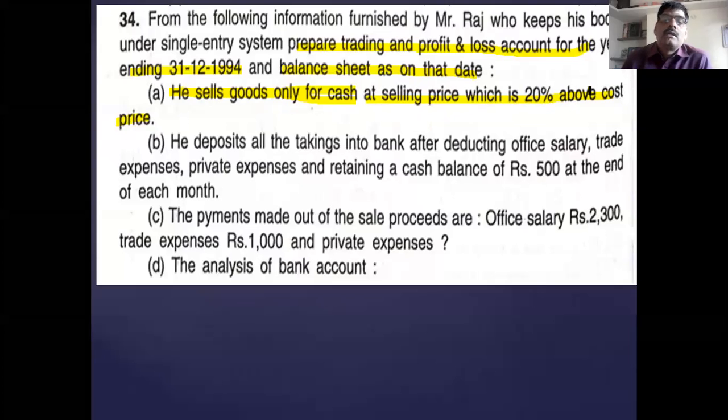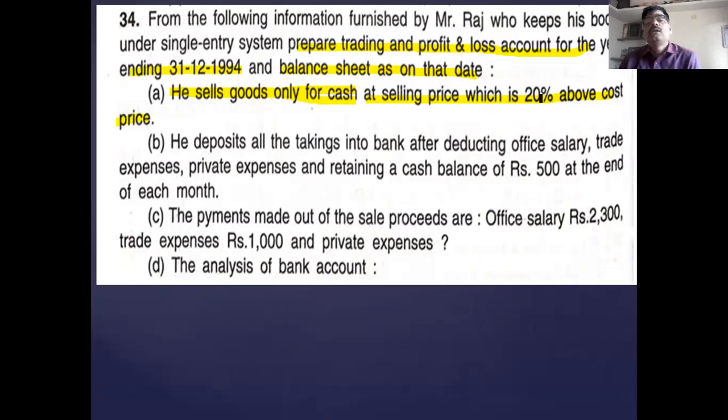This 20% is the gross profit you have to show in the trading account. You calculate the cost of goods sold, with the selling price 20% above cost.